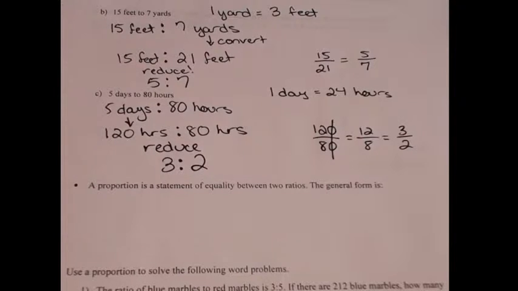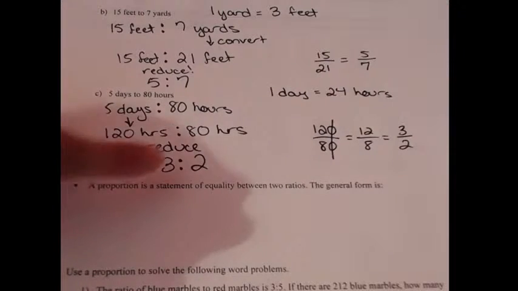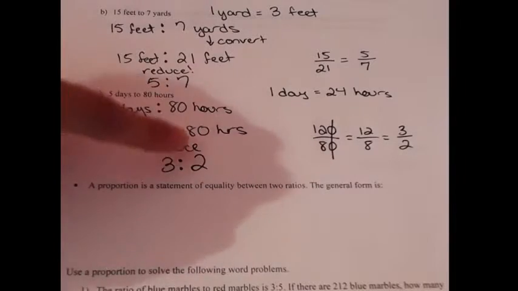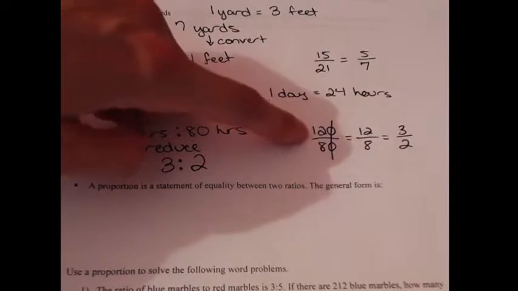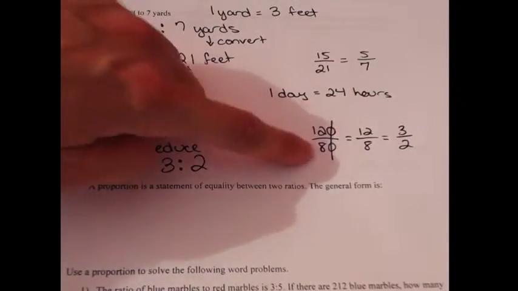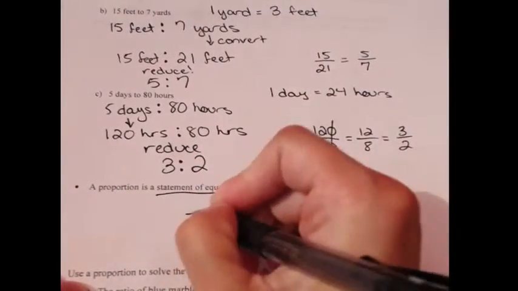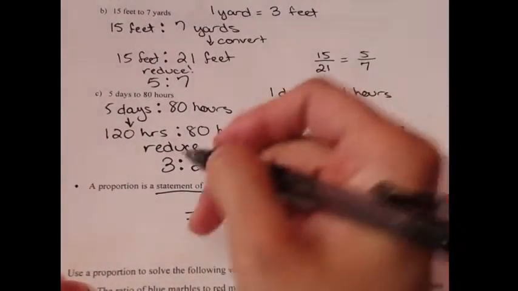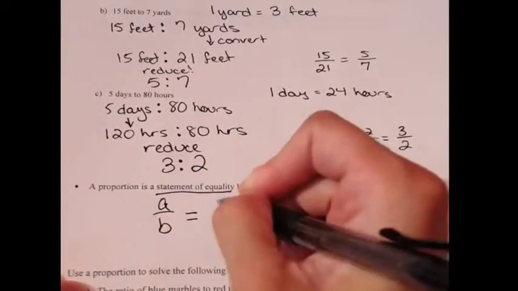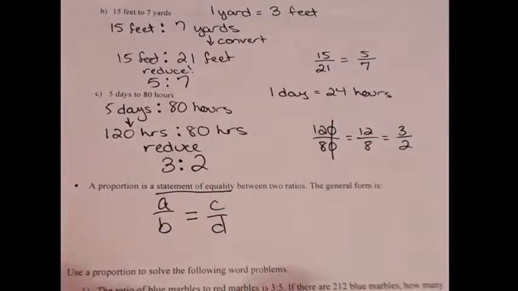A proportion is a statement of equality between two ratios. Now, if you think of a ratio, instead of as A to B with a colon, but as a fraction, A to B, then a statement of equality between two ratios, here's one ratio and here's the second ratio, that is a proportion, okay?